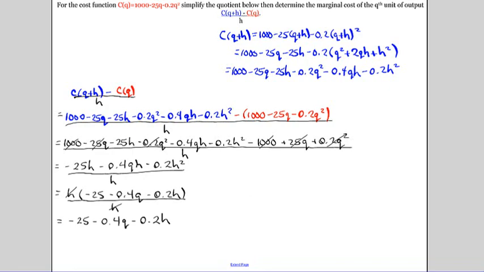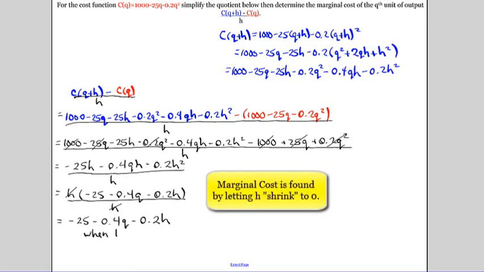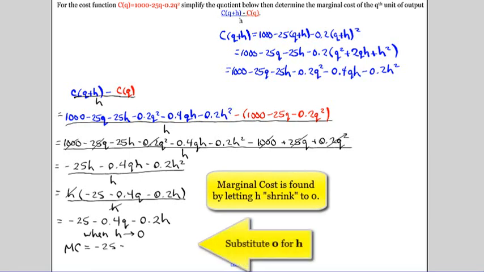Now, in order to find the marginal cost, we have to let h shrink to 0. In other words, when h equals 0, we obtain the marginal cost.